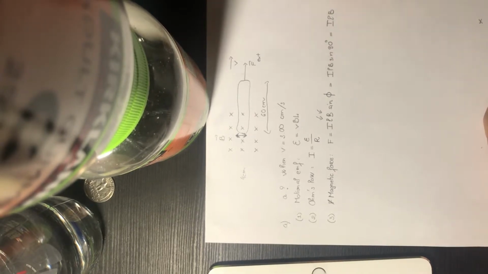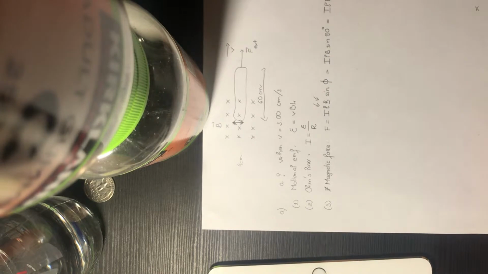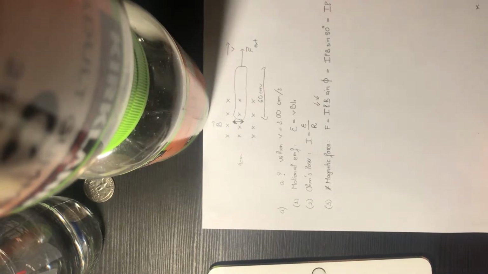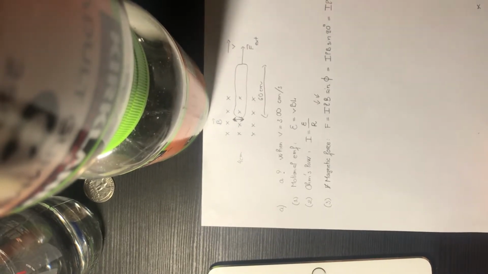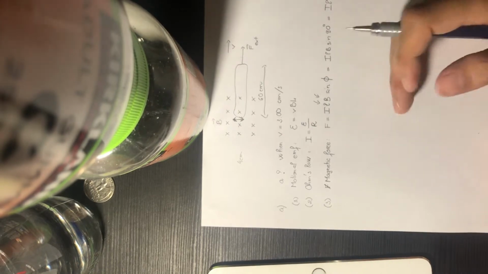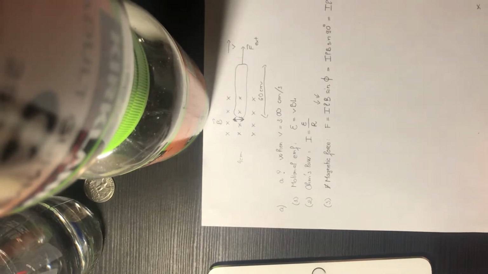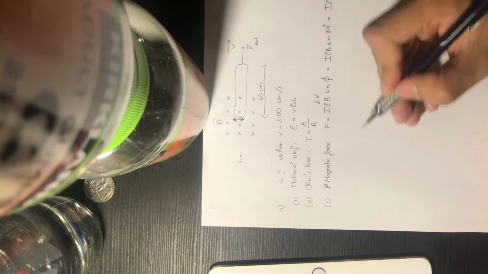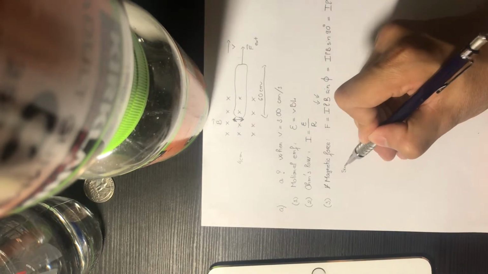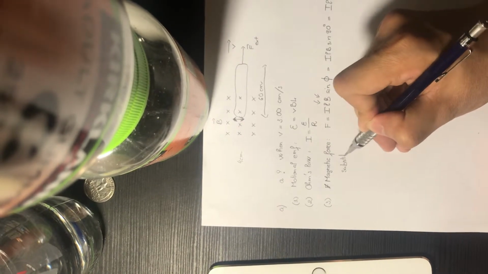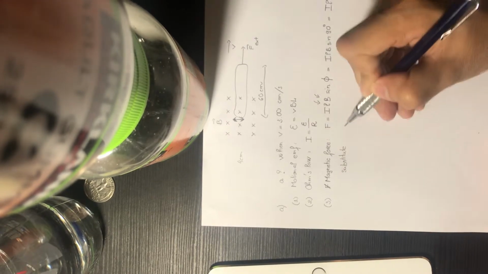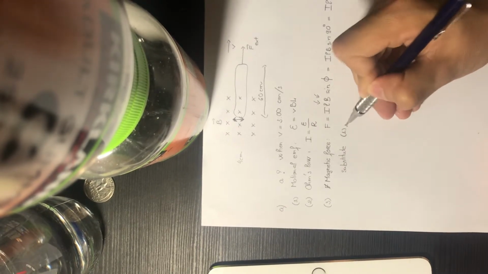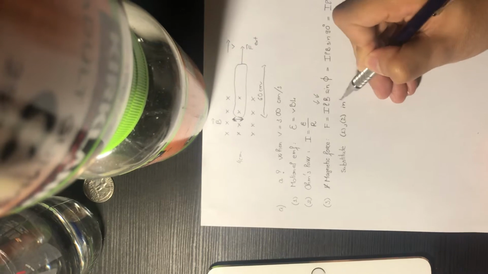Now, we combine the three formulas together to find the magnetic force exerted on the loop. So we substitute 1 and 2 into 3.